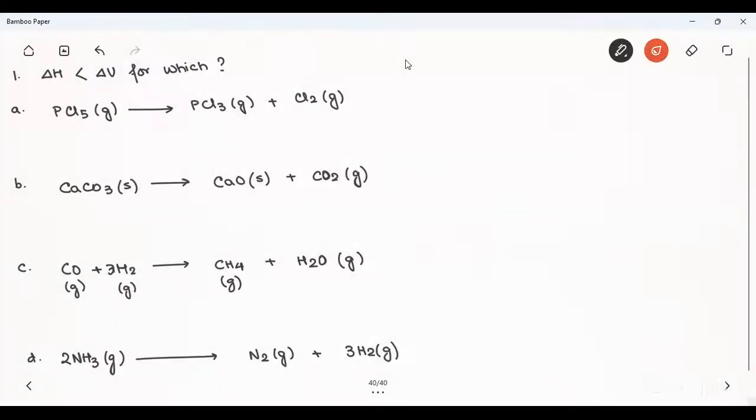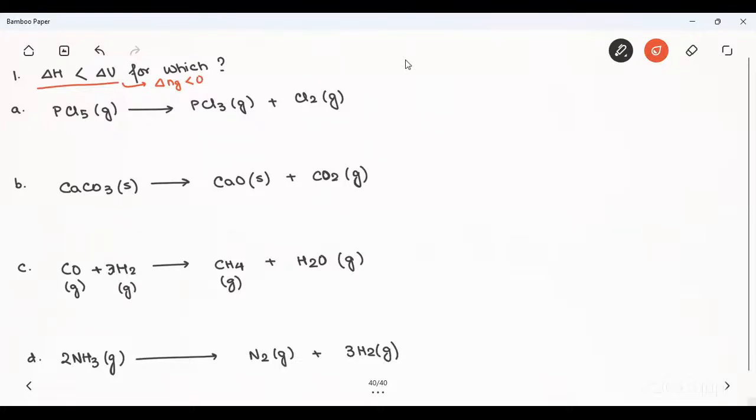Okay, so how will we solve this? I told you that our question asks for which reaction delta H is less than delta U. For this, we need to calculate delta Ng less than 0, right? To get this answer.